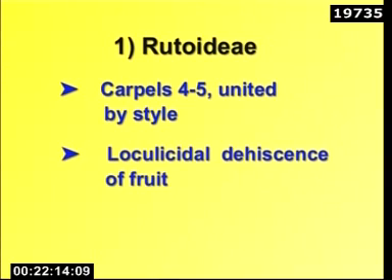These subfamilies are number 1, Rutoideae, with carpels usually 4 to 5, often all united by style. They have loculicidal dehiscence of fruit, usually with the separation of endocarp.